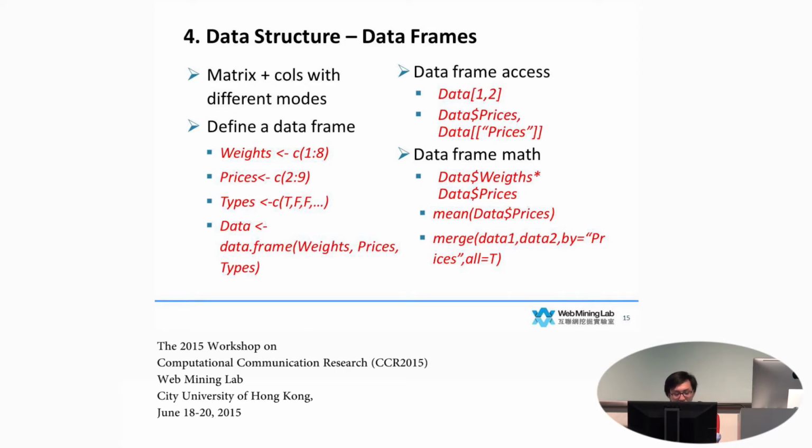For example, here we create a vector called v1, numeric 1, 2, 3, 4, and then the second vector with logical values true, true, false, false, and the third vector is a string character: yes, yes, no.